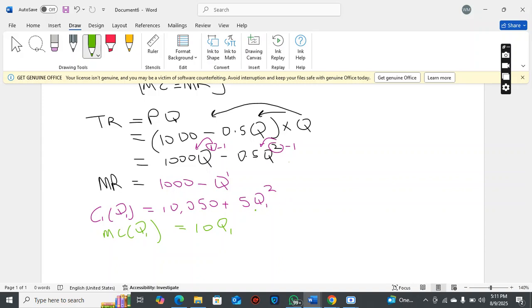And it will be the same for the second cost function. They're identical cost functions here, 10,050 plus 5Q2 squared, so we get 10Q2.